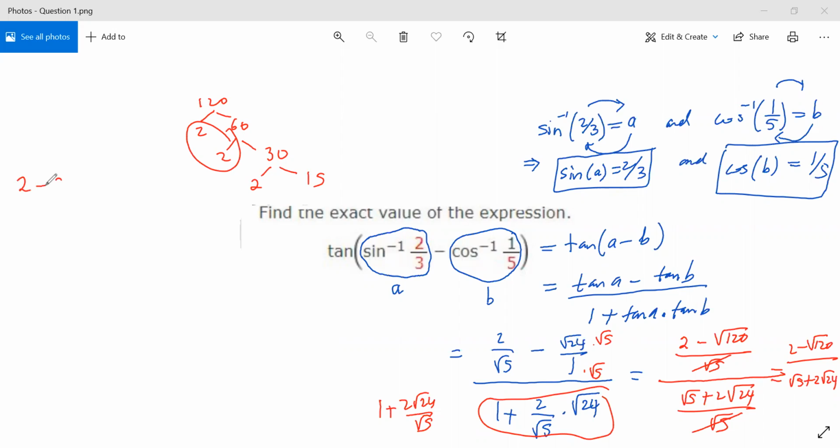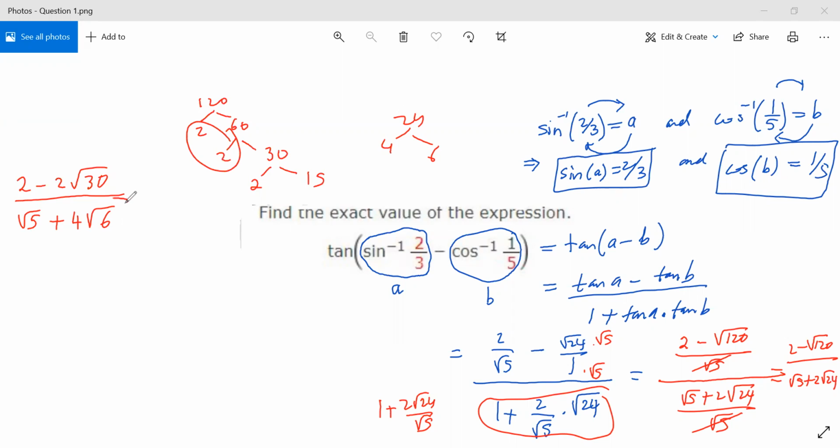So it's 2 minus √30, divided by √5 plus the square root of 24. See, 24 is 4 times 6, so this will be 2, and that's 4√6 here.